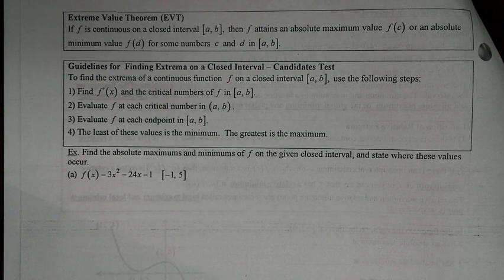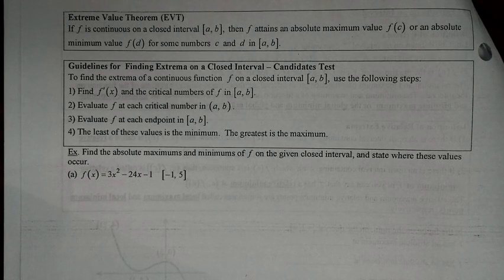So what are the guidelines to find this famous extrema, or what we call the candidates test? To find the extrema of a function f on a closed interval [a, b], we need to follow the next steps. Step number 1, you're going to find the derivative and equalize it to 0 to find the critical numbers of f in [a, b].